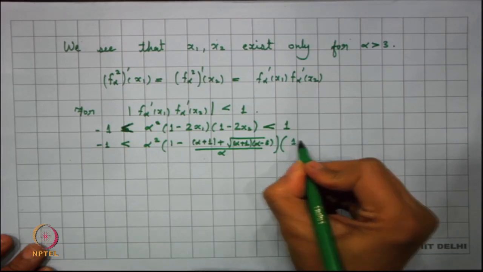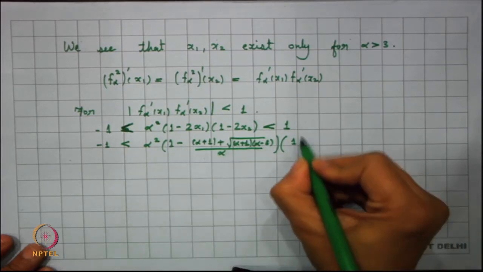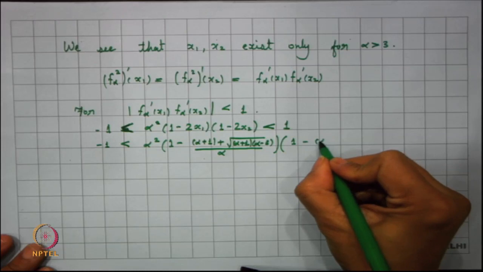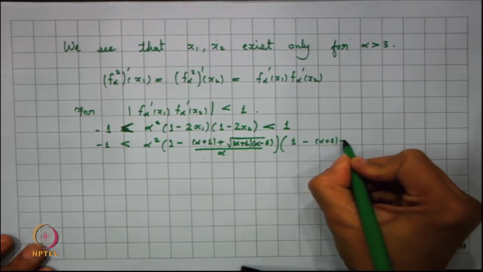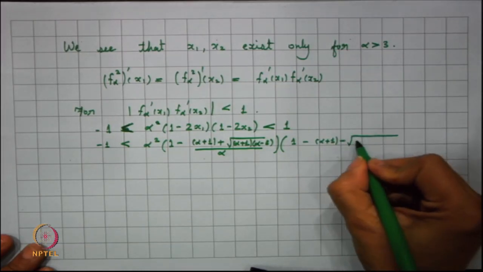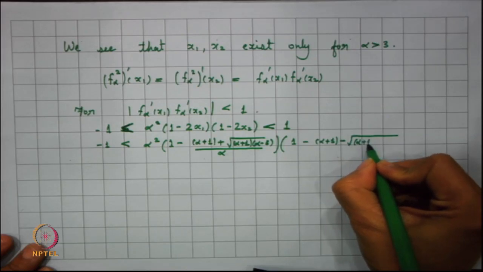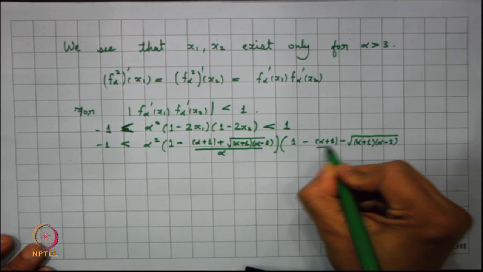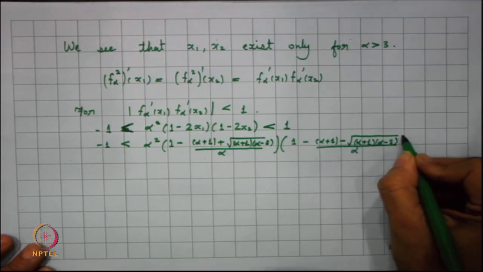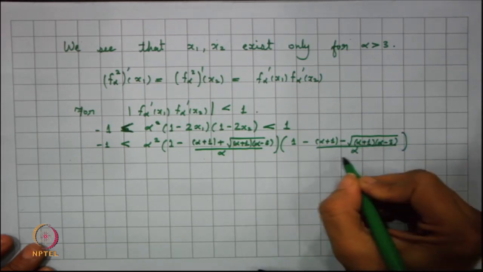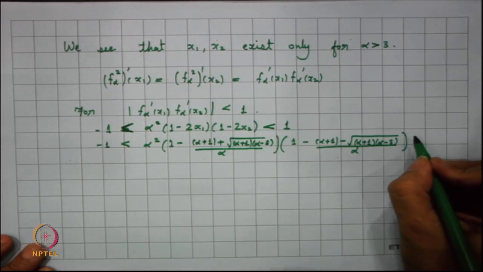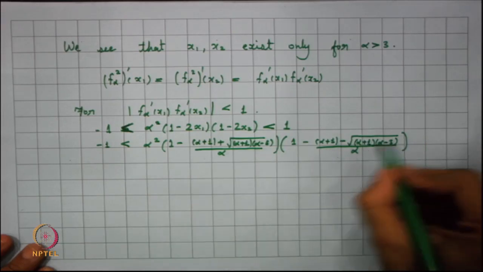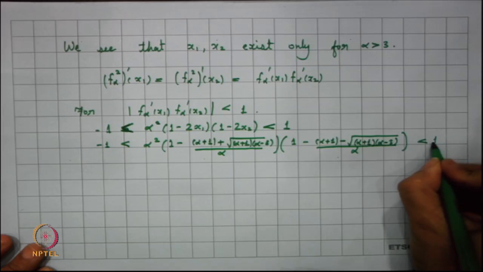into again 1 minus alpha plus 1 minus root of alpha plus 1 into alpha minus 3 divided by alpha. So, this particular part should be less than 1.